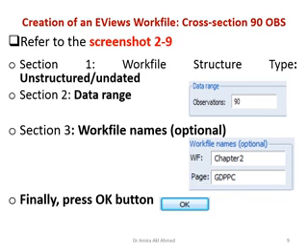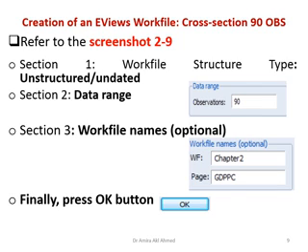Now we determine the structure of the work file to fit a cross-sectional dataset that includes 90 observations. This is shown by the screenshot 2.9. Under section 1, that is work file structure type, select unstructured, undated. Note that when you select unstructured undated in section 1, section 2 changes from data specification to data range.